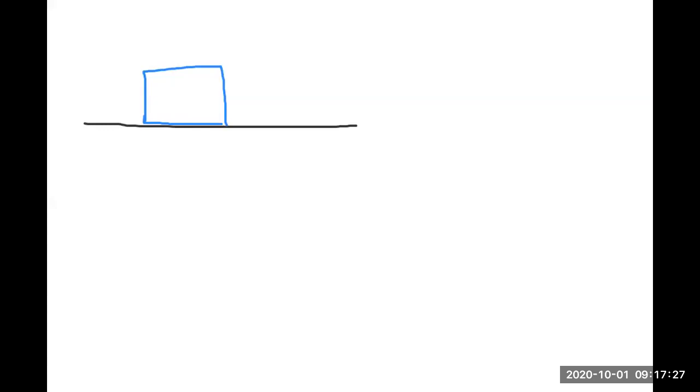Let's say that the block moves such that it is always in contact with this surface. In this case, we know that the acceleration of the block will always be horizontal.